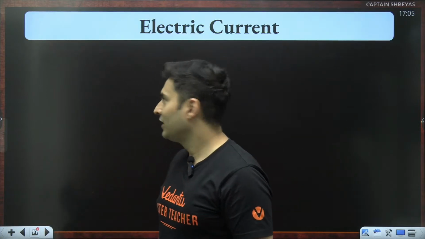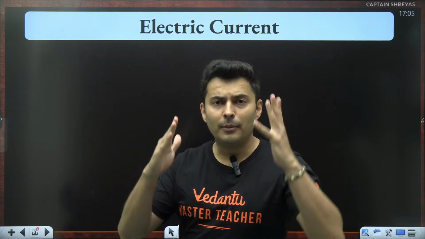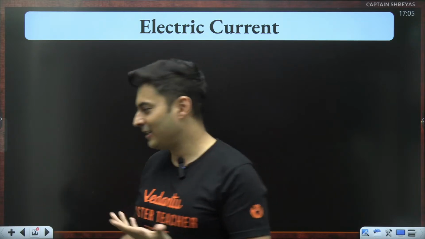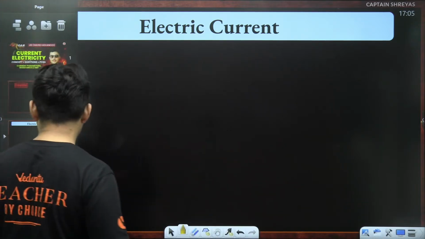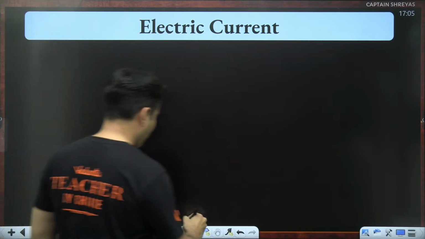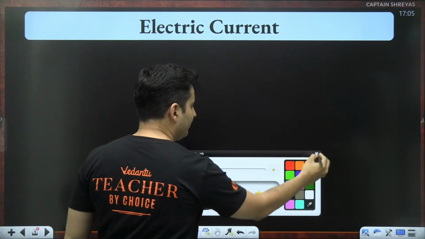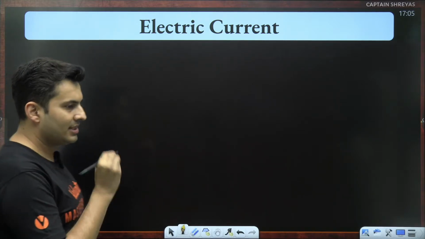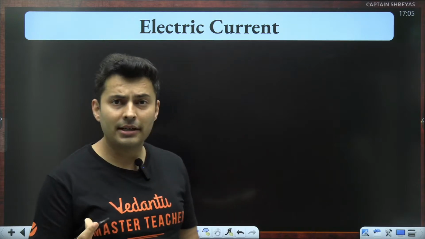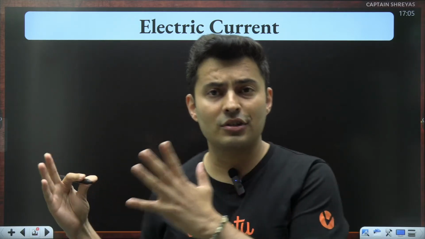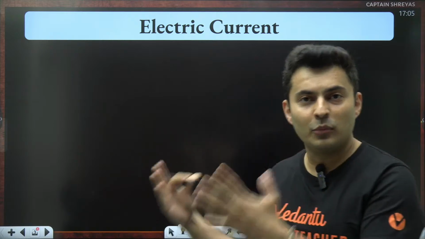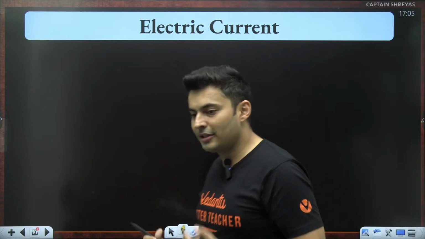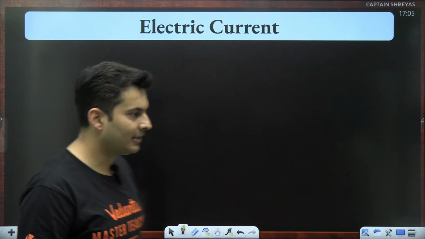Let's start with the most important thing, the basics of this particular chapter, and that is current. When you have a stationary charge, that chapter name is electrostatics, but when the charge starts to move, charge in motion, dynamic charge, that is going to constitute something called current.